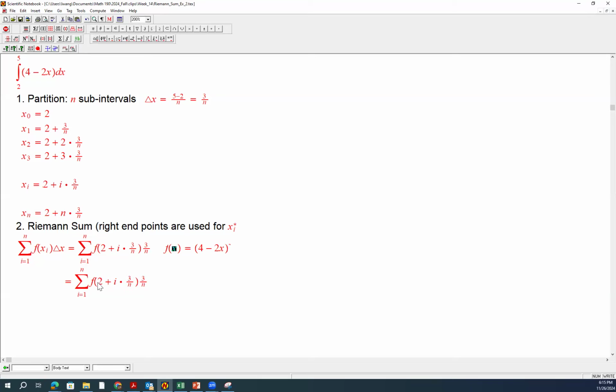So we substitute 2 plus i times 3 over n in the place of x on the function side.